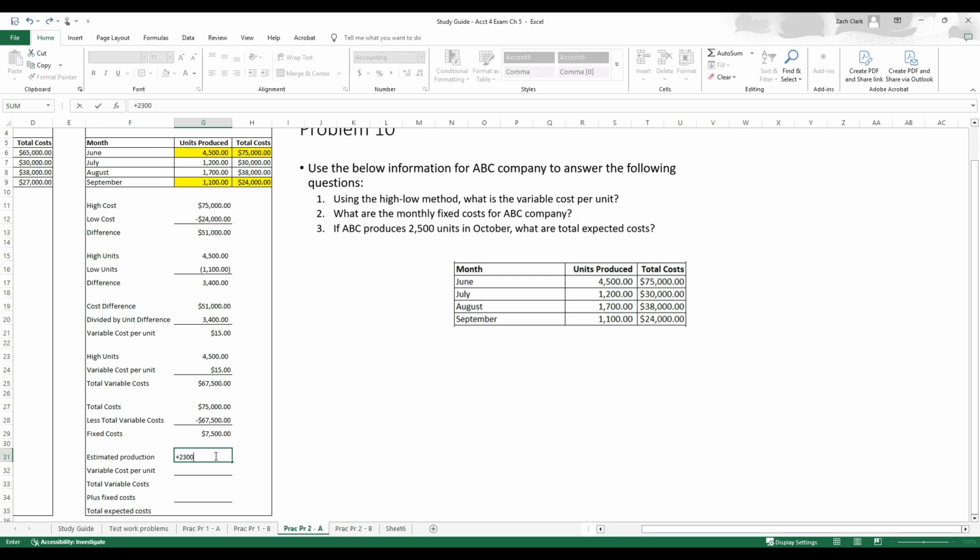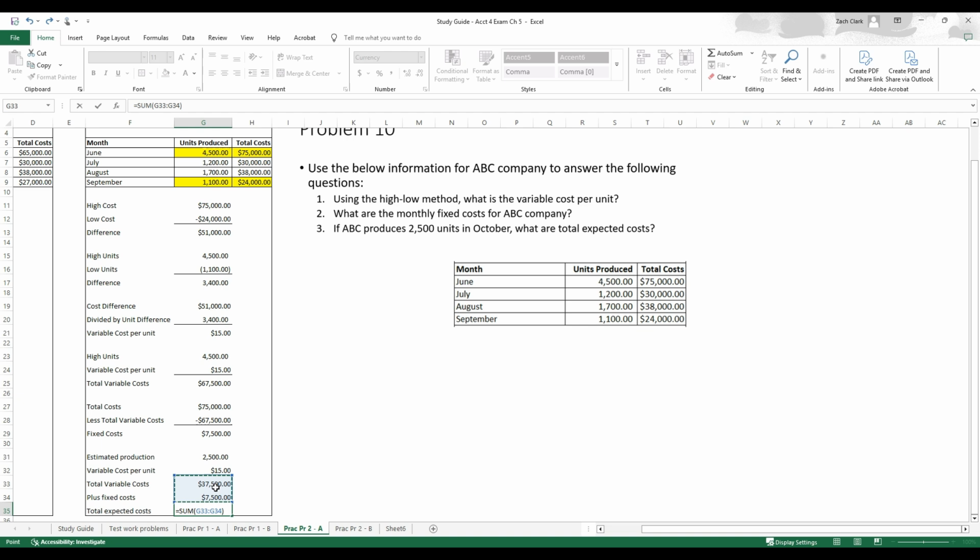And again, using that information, if we estimate that we're going to have 2,500 units in October, what's our expected cost? Again, we can use the $15 variable cost per unit, multiply those together, and then add in our fixed costs.